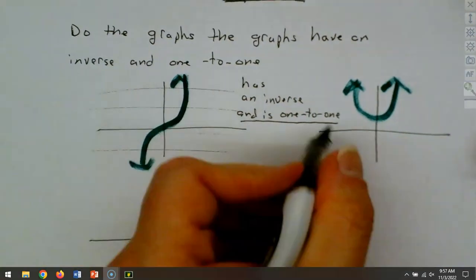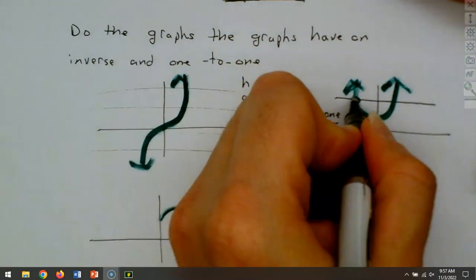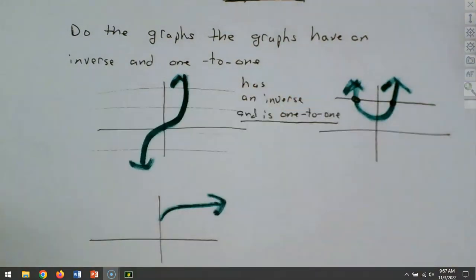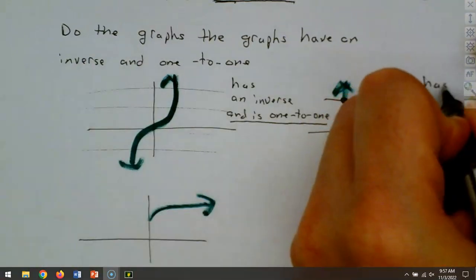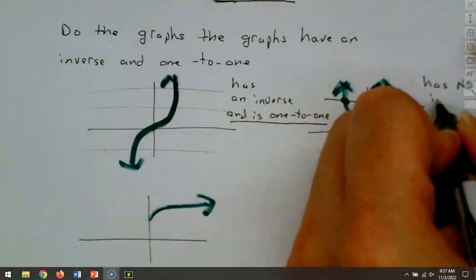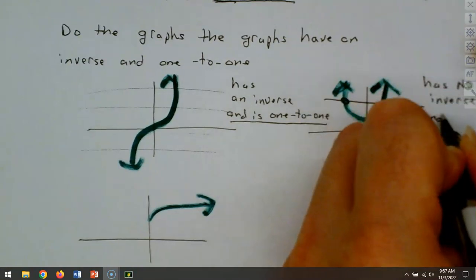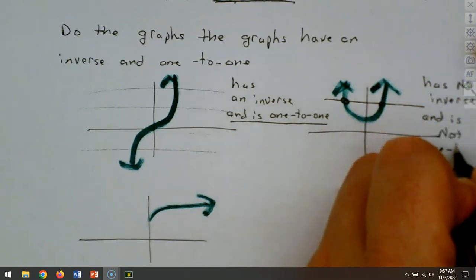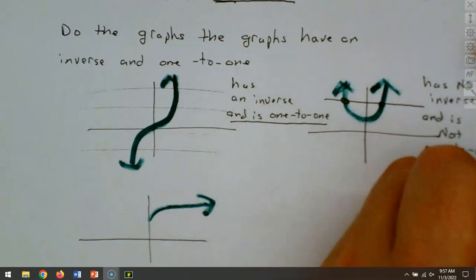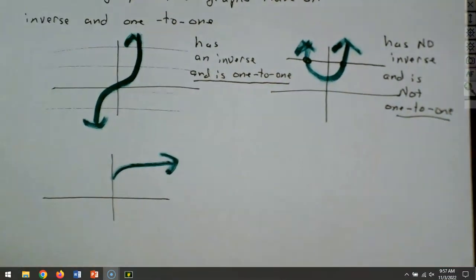Now what about the squaring function? Does it have an inverse? No. Why not? Because see, it touches twice. So this one has no inverse and is not one-to-one. And what about this one down here?